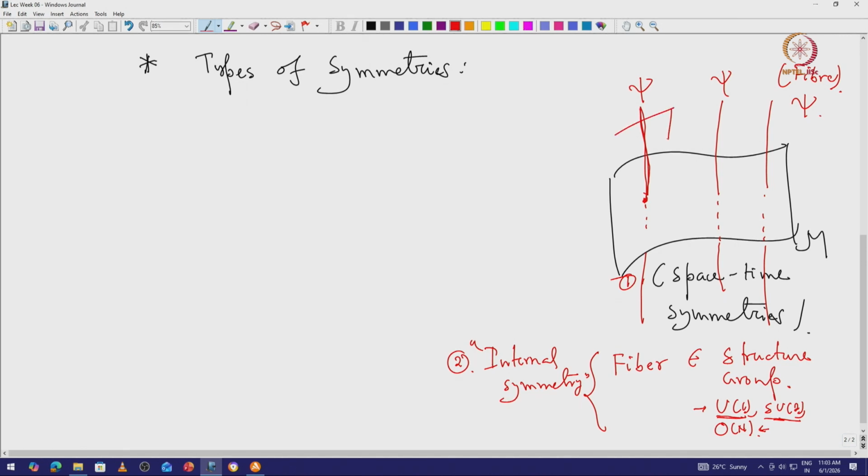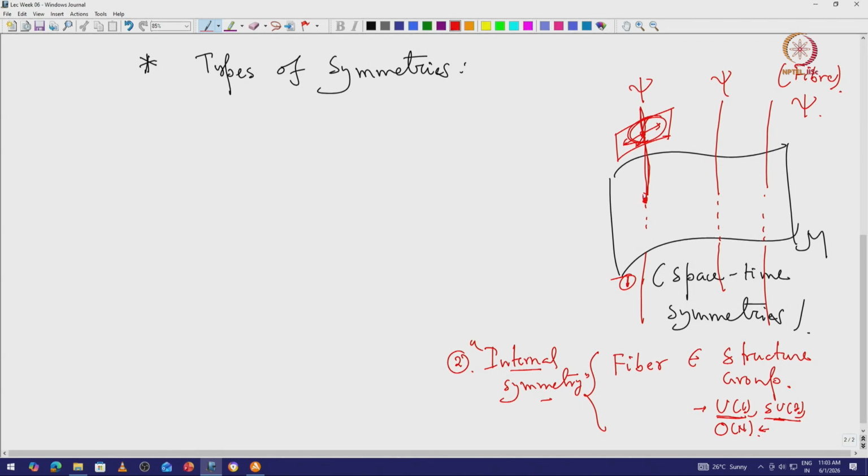So, if I just sort of think of the written in terms of some frames basis vector. So, if you rotate them among the basis states, if things do not change, that is kind of the internal symmetry. You interchange the basis at the same base point, and if the theory is invariant, that is the internal symmetry.